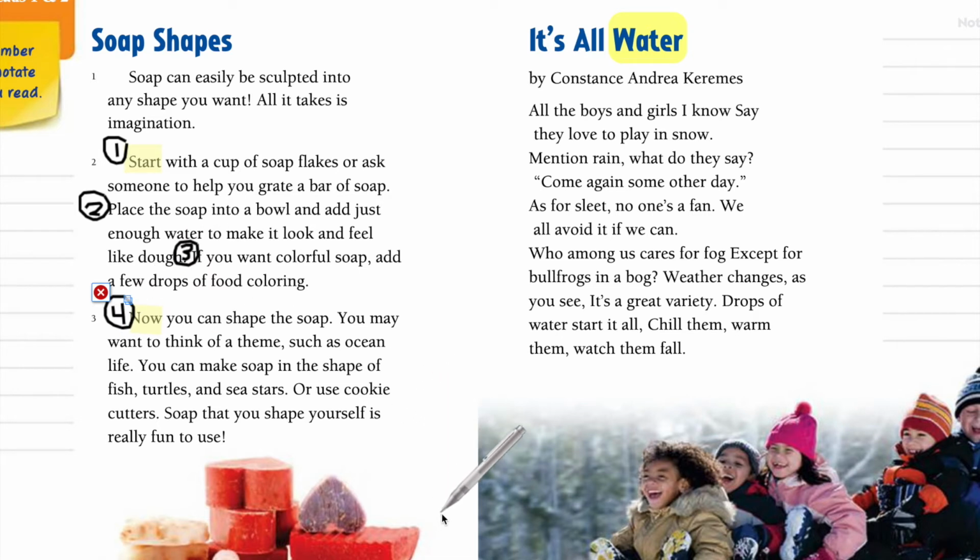You may want to think of a theme. You can make the soap into fish, turtle, sea stars, or use cookie cutters. So we've got four different steps. Start with a cup of soap flakes. Put it in a bowl and add water to make it feel like dough. Add some food coloring and shape. Those are the 4 steps to making soap shapes.